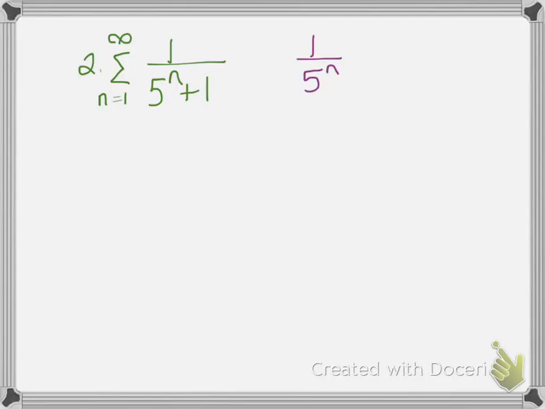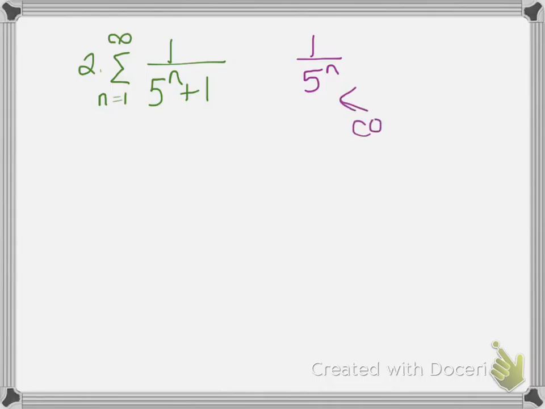Okay, let's look at another one. So let's look at 1 over 5 to the n plus 1. Well, it looks like maybe we would pick, I don't know, 1 over 5 to the n to compare it to.